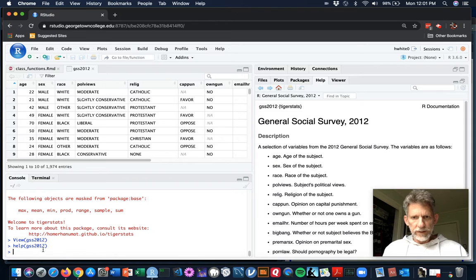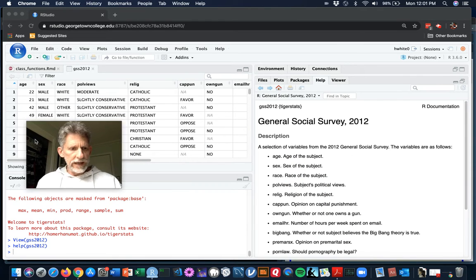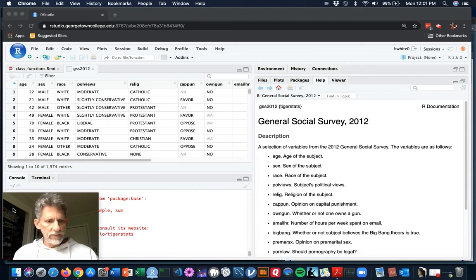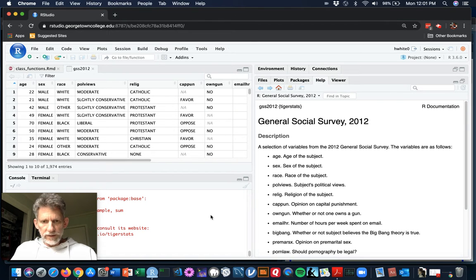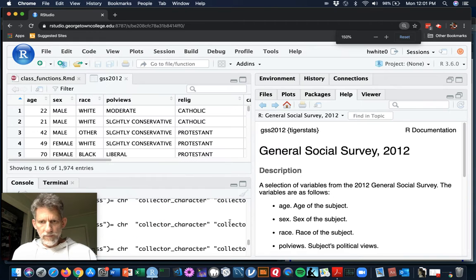I'll get help over here. Let's first take a look at the help. So I'll get myself out of the way, and perhaps also make the screen a bit bigger. There we go.